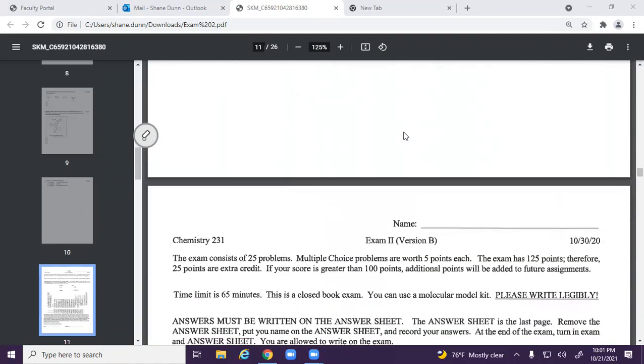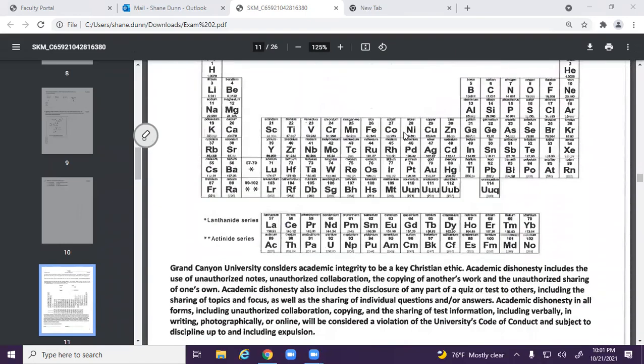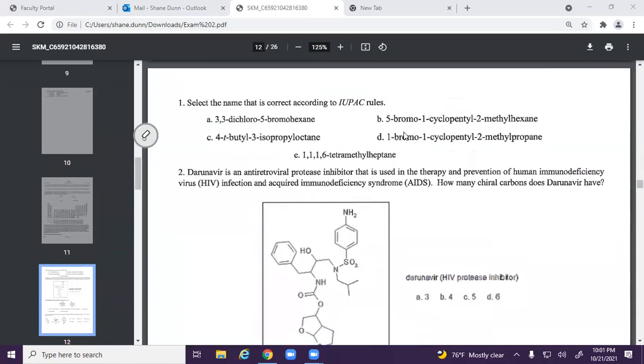So the computer's still here and we have been kicked out. So go a little further. Cool, cool, cool. Okay. IUPAC names. Which one is instantly wrong? We talked about this one already.